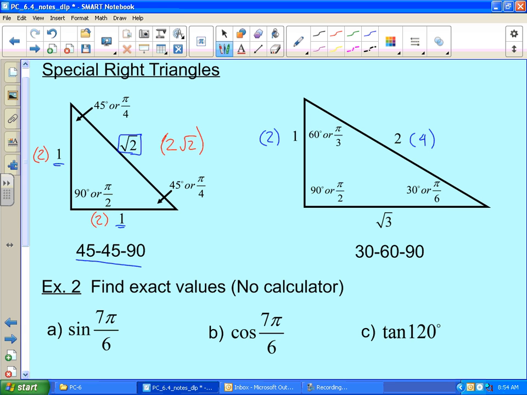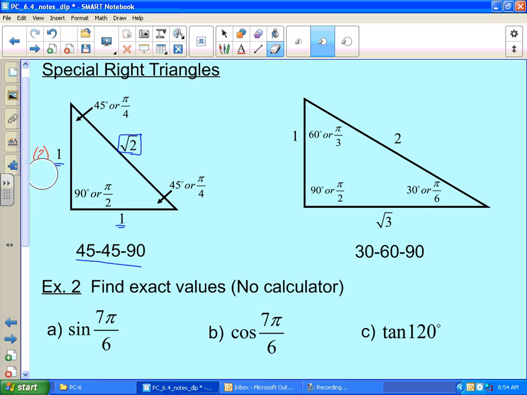So I'd have 2 root 3 if I changed the short length to a 2. So they're always in this relationship with one another. But we're going to focus on the given ones that we have, 1, 2, and root 3 for the 30, 60, 90, and we'll stick around here and focus on the 1s and the root 2s for the 45, 45.